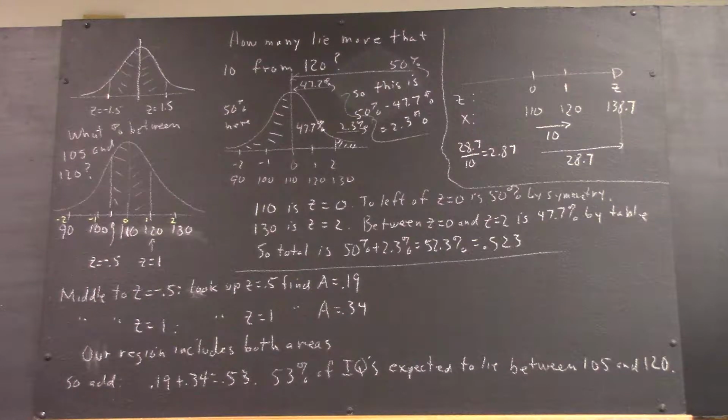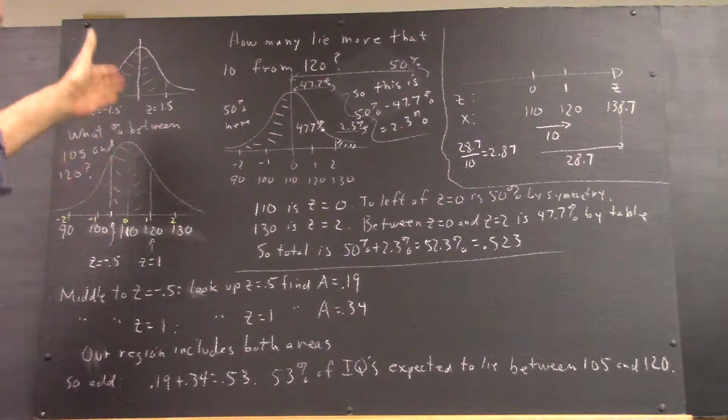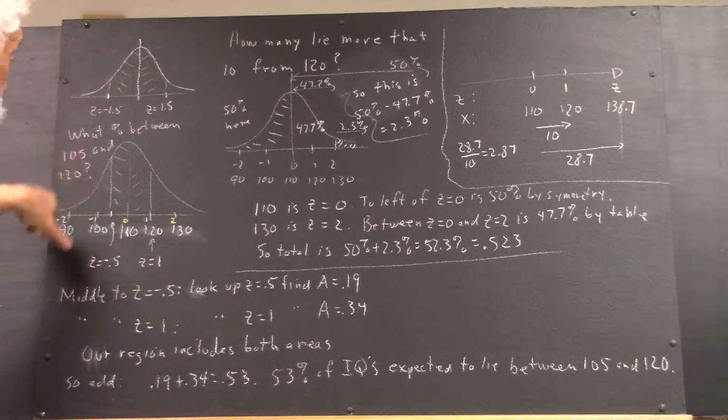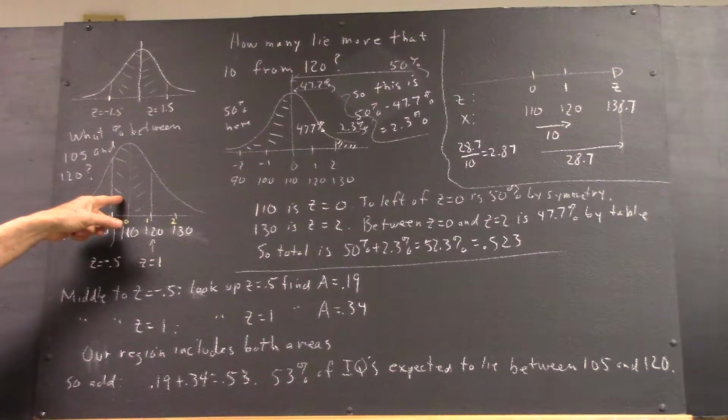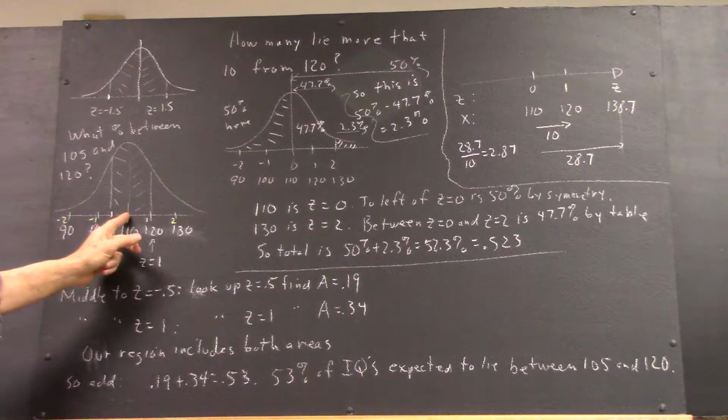Now, how are you going to use the table to get the necessary areas? At least one student said, well, you got a negative z. Does that give you a negative area? That's a very good question. My answer was, well, the curve is symmetric. It's exactly the same on this side as it is on this side. So whatever this area is the same as the area would be between 0 and 0.5.